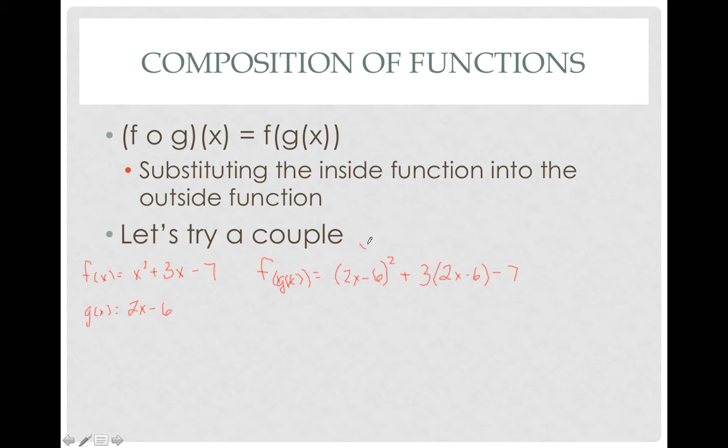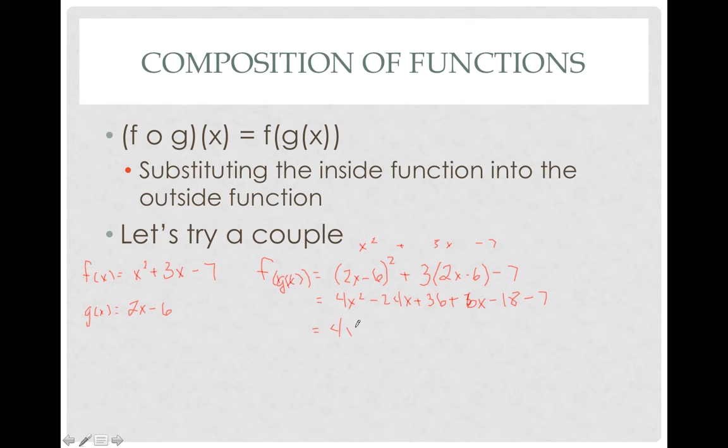Right, so this was x squared plus 3x minus 7. Now, the x's are represented by 2x minus 6. If I was to FOIL this, I would get 4x squared minus 24x plus 36. Distributing the second piece becomes 6x minus 18 minus 7, and all I have to do is combine like terms.